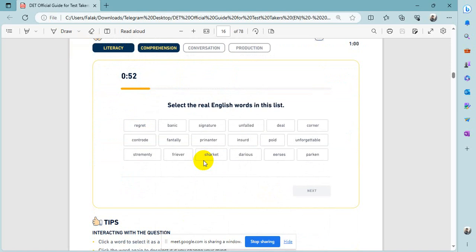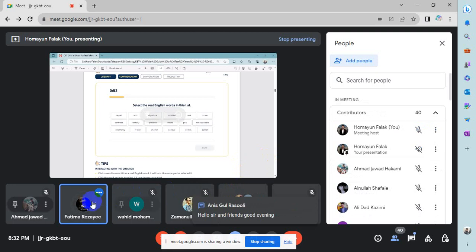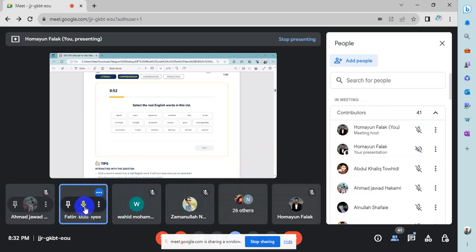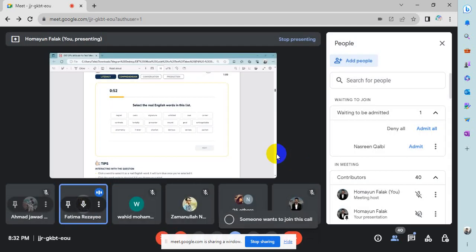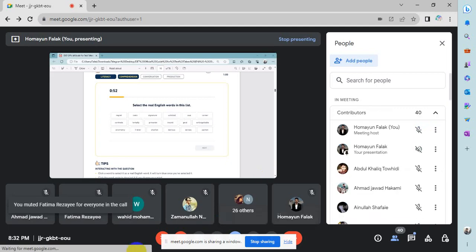Sometimes there are some phrases also, but you are supposed to select the words only, because the question says you just choose the real English words. So just stick to the words, and the words that you think are not real in English, just ignore them and don't select them.